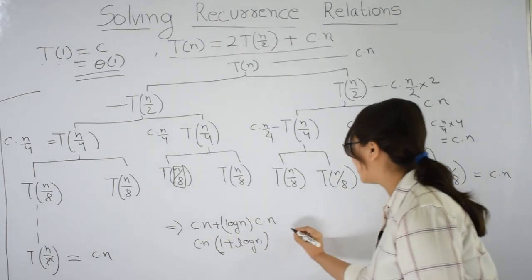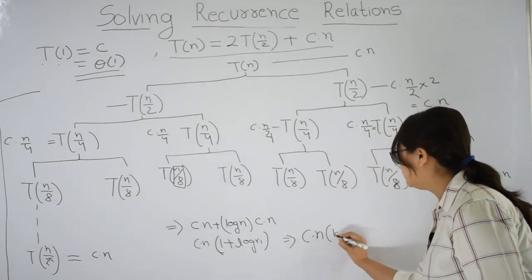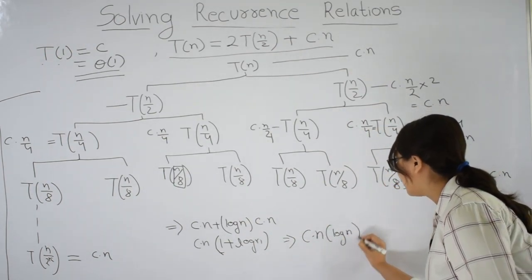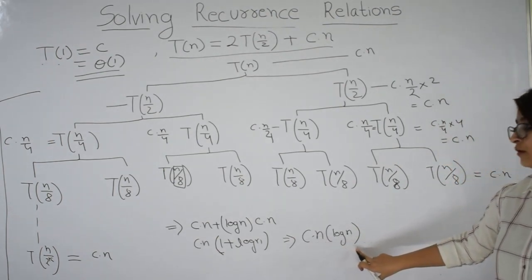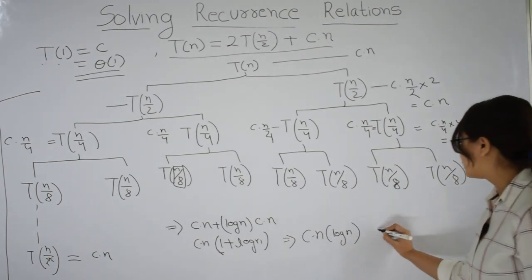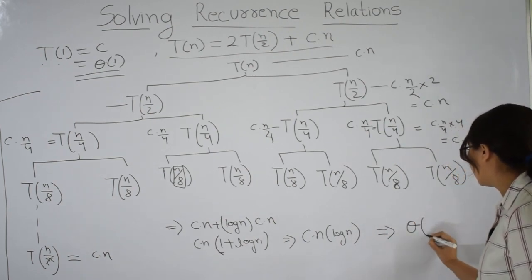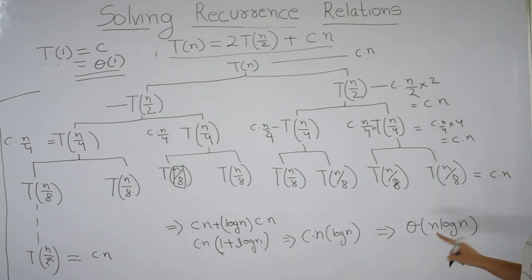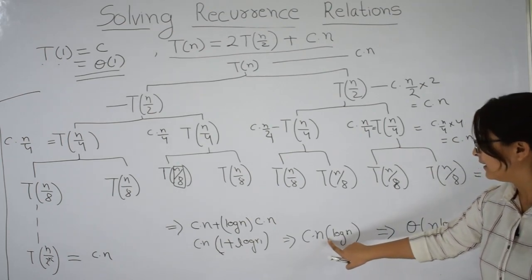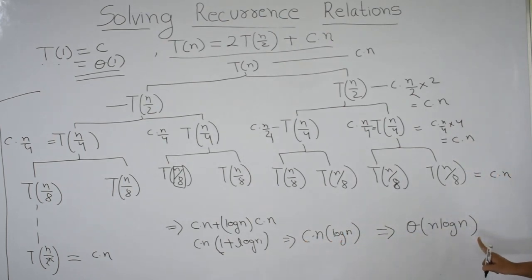So we can write it as c into n into log of n. This can be written as theta of n log n.